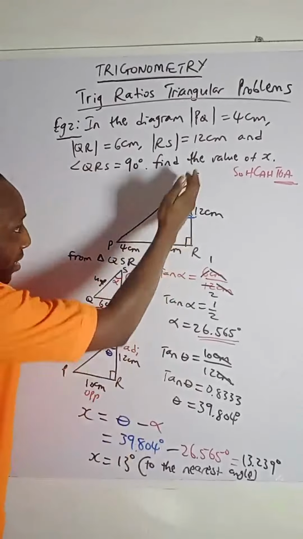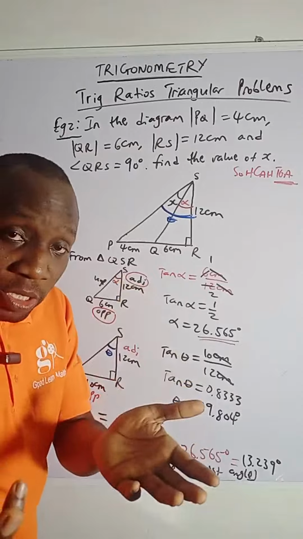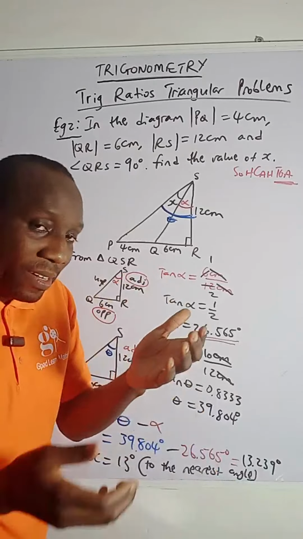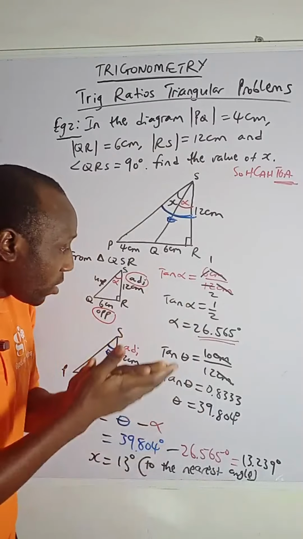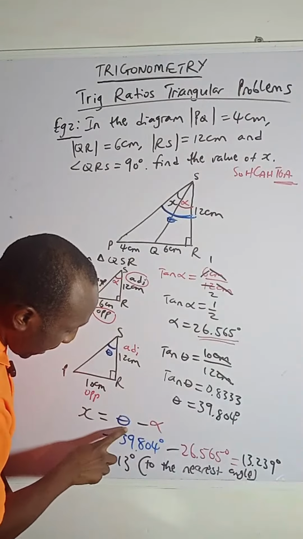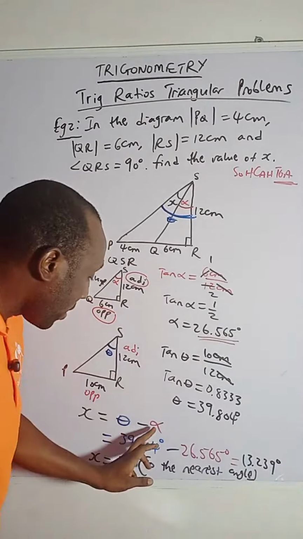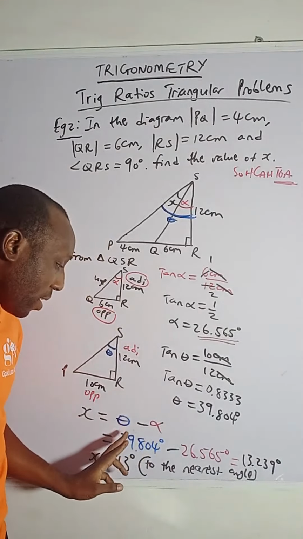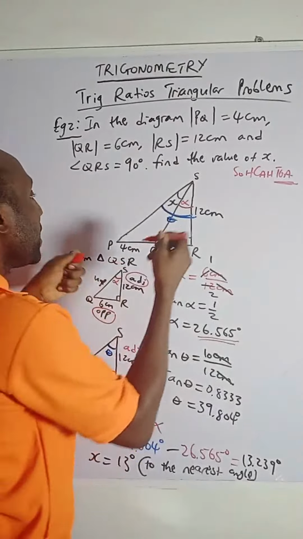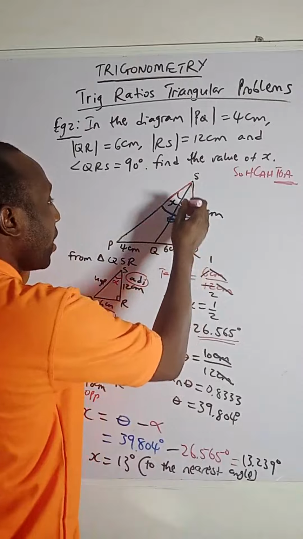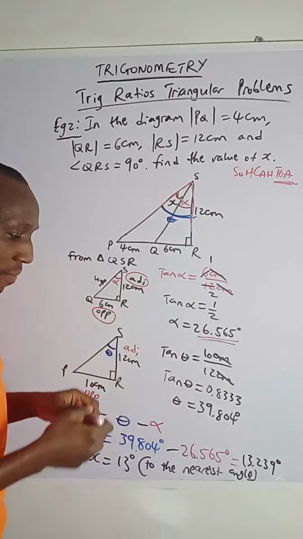Then I brought out the big right-angle triangle and got theta, still using the trig function tan. Once we get the other angle, we just subtract it. Theta minus alpha will give you x, because x is lying in between them. Once you take alpha from theta, whatever you have left is angle x. So we had to subtract alpha from theta.